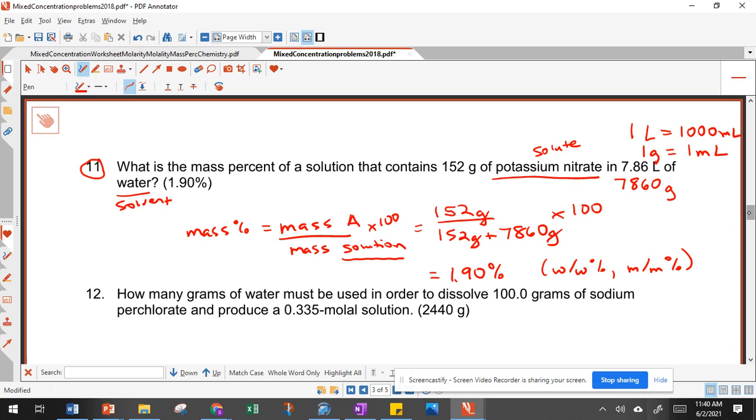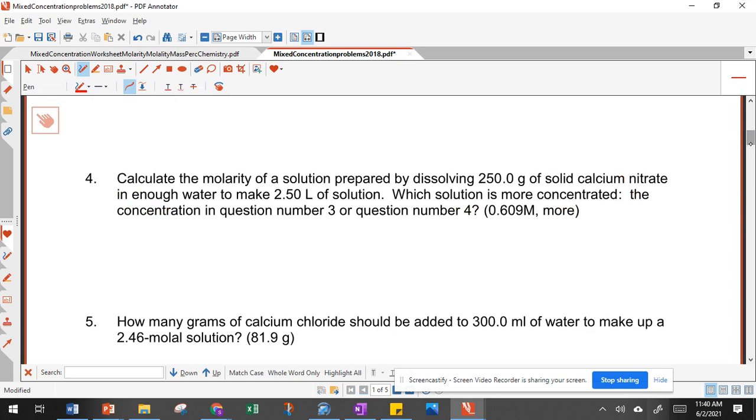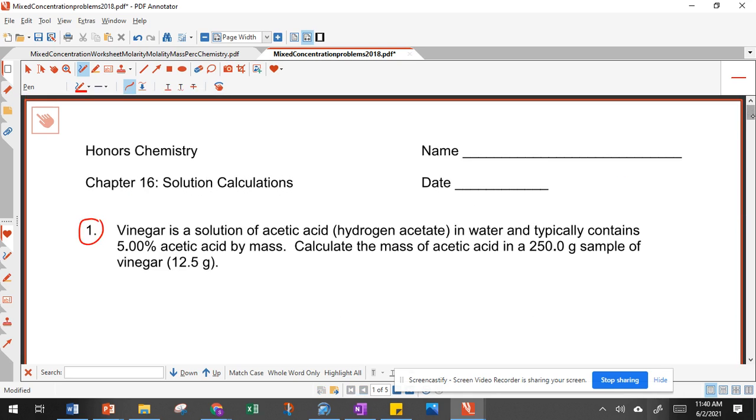So I'm going to go to a different problem now. Okay, so this is another type of problem you'll see where you're given the mass percent and it's asking you to find the mass of acetic acid. And it tells you that you have a 250 gram sample of vinegar. So vinegar is actually your solution.